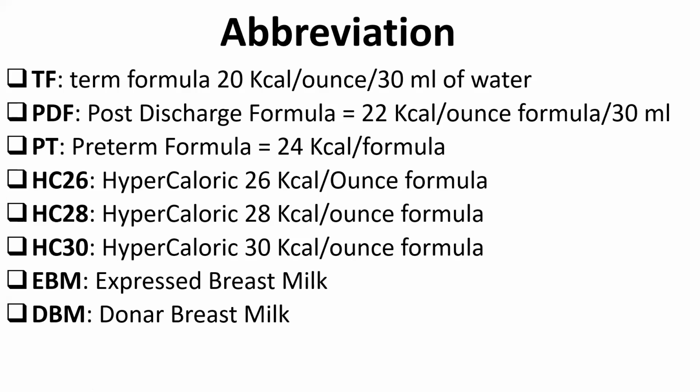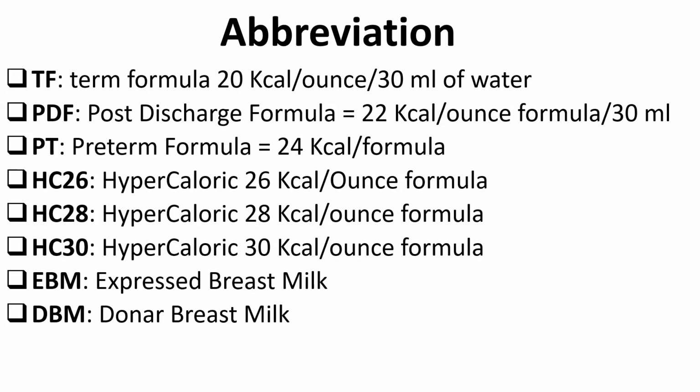But if we take 22 and divide it by 30, please do that. 73. You got it? So you will find on the milk, if you look at the content of the milk, 73 kilocalorie, usually they write 74, so it's 22 point something.